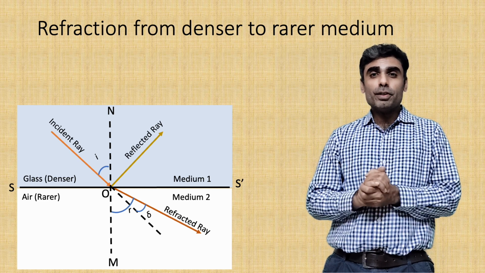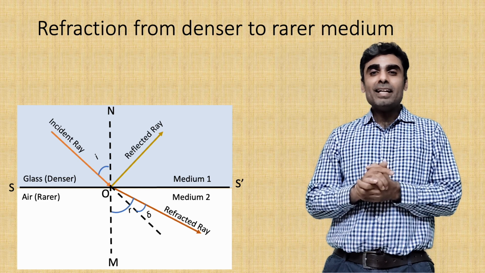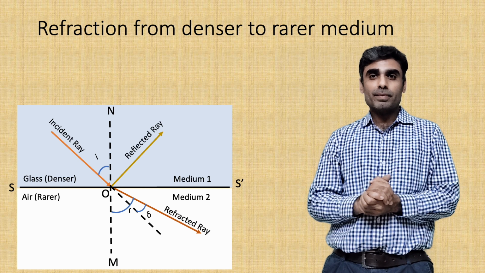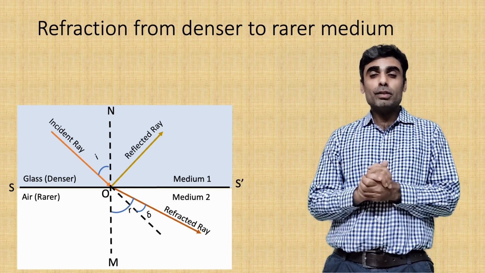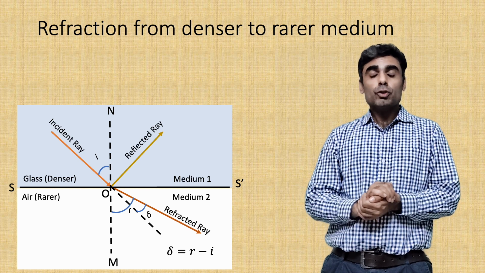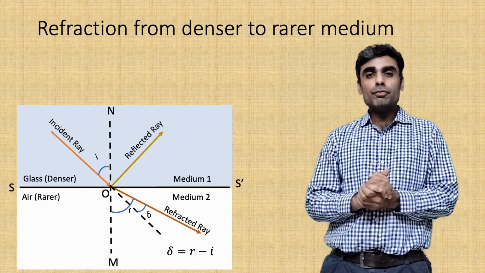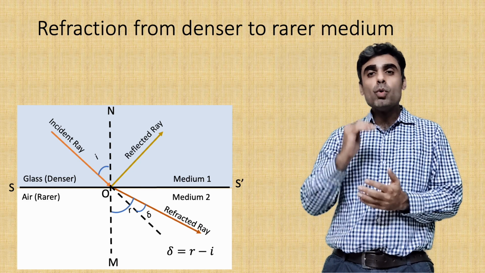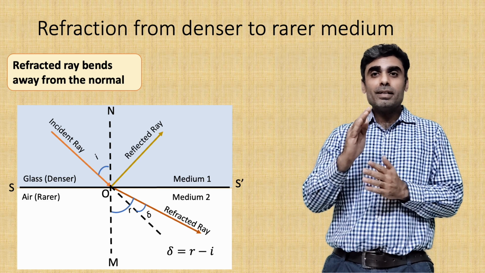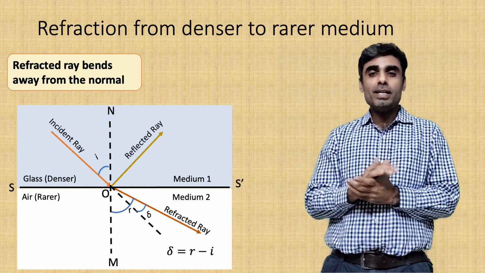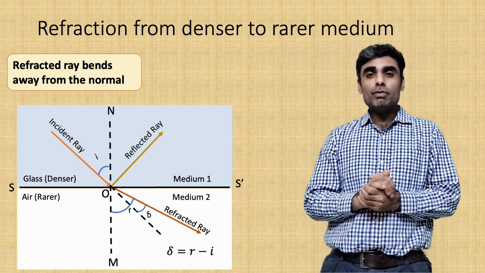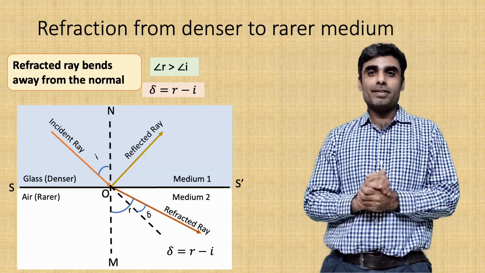You can observe here that the angle of refraction is greater than angle of incidence, and deviation delta will be equal to R minus I. So when a light ray travels from a denser medium to a rarer medium, the refracted ray tends to move away from the normal. So delta will be equal to R minus I.